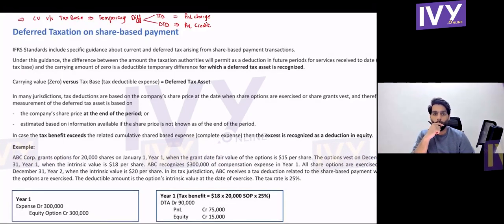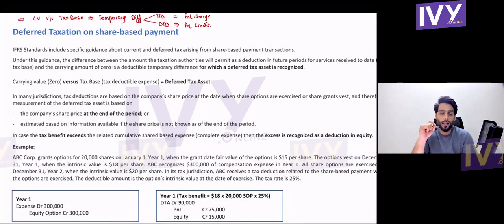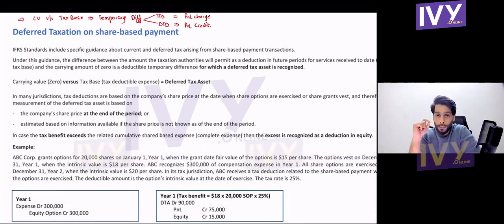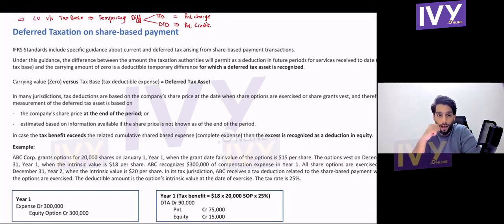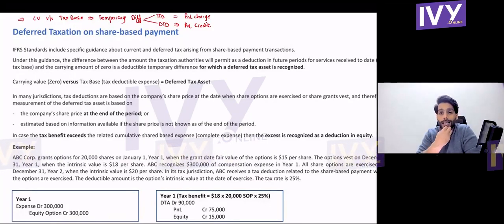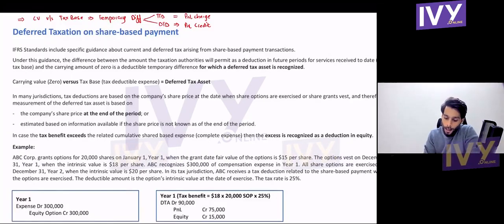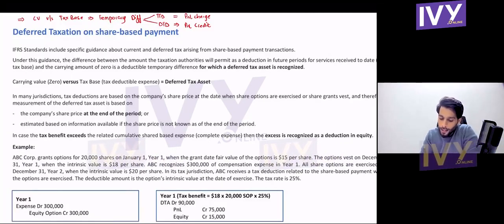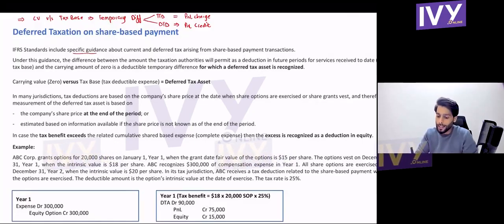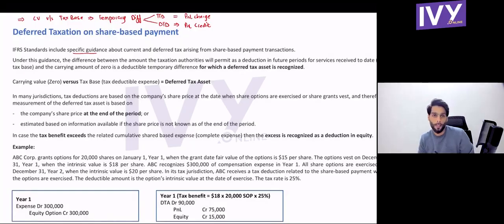Now, what happens in the case of a share-based payment? Please try to understand the point I'm trying to make. This is a very specialized case which is discussed under IFRS 2. So IFRS actually gives you specific guidance about how to account for the taxation impact of share-based payment transactions.